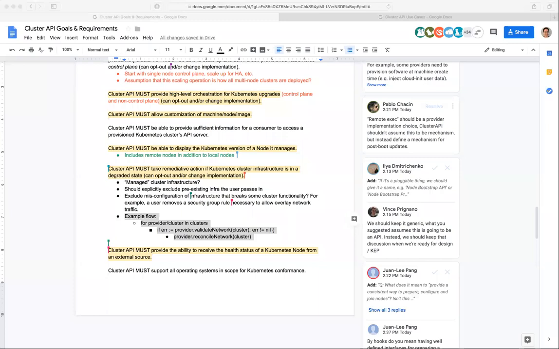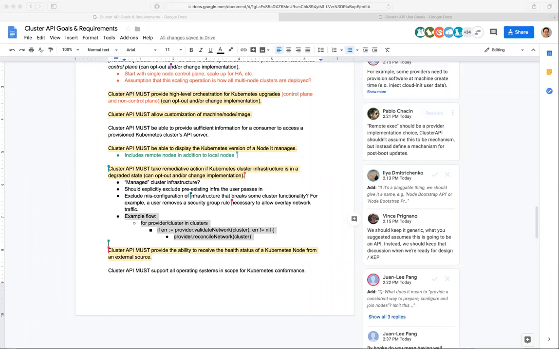Well, I think there's a distinction between whether it's coming from the cluster API and whether or not it's opaque to the cluster API, because that could be completely defined in the provider specific config section, and the cluster API itself doesn't need to necessarily understand or interpret any of that.